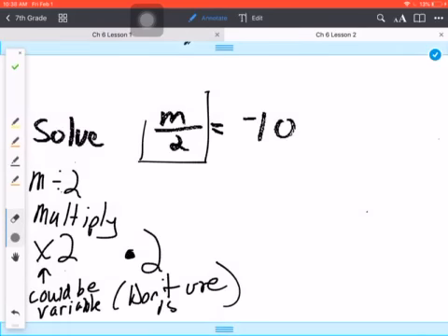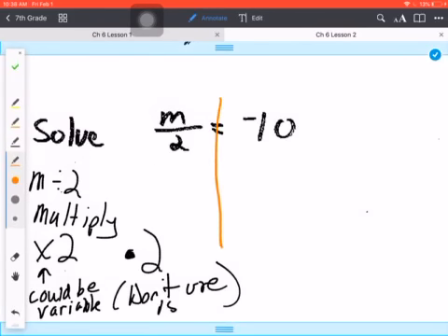So let me erase this box here and draw my line down the middle. Now, I have m divided by 2. In order to undo that, I need to multiply both sides by 2 in order to stay balanced. That's why this line is really important, because whatever shows up on the left side also has to show up on the right side.